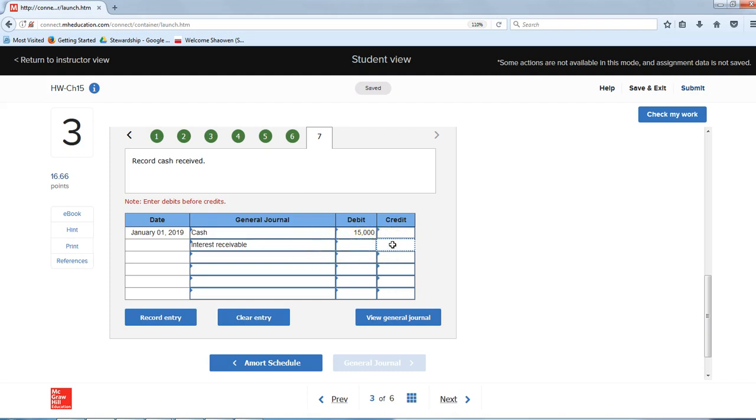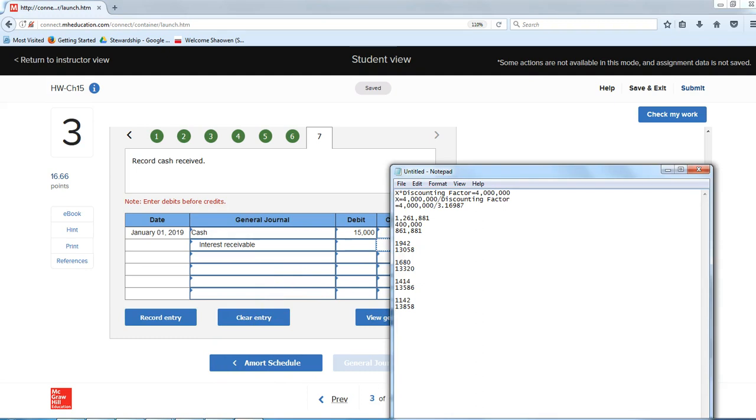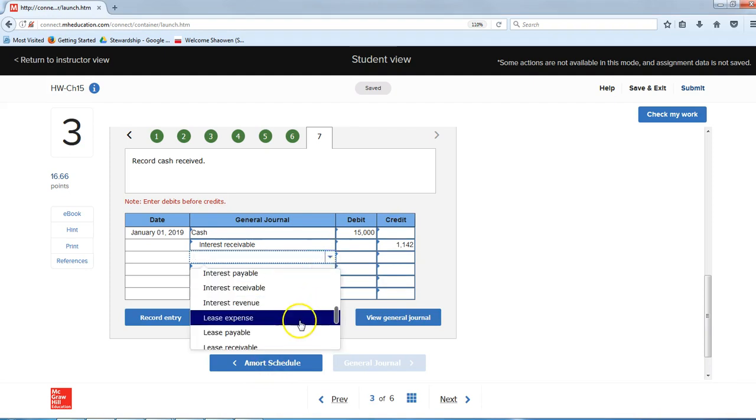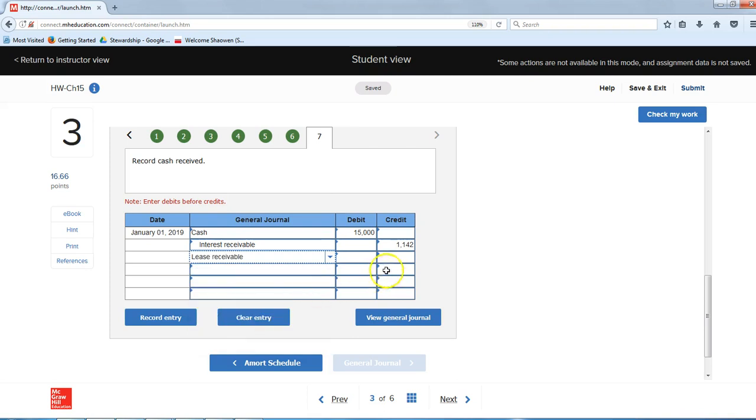This time interest receivable should be on the credit side for the amount 1,142. And then the remaining amount is the lease receivable, 13,858.